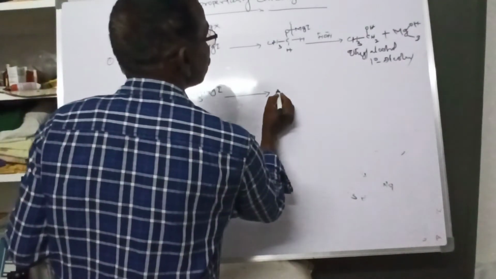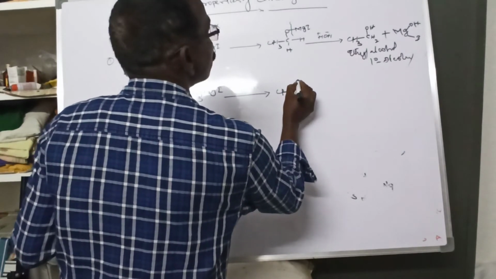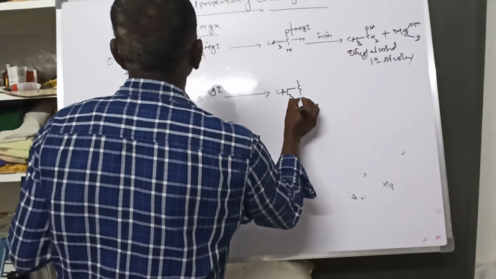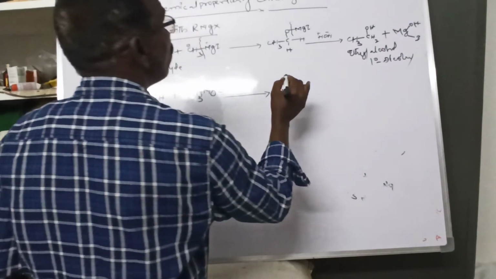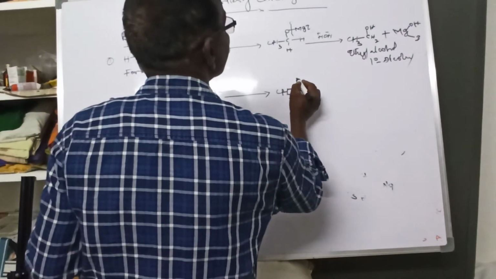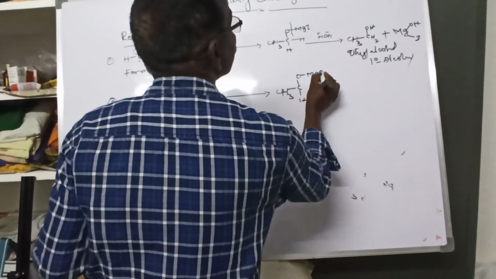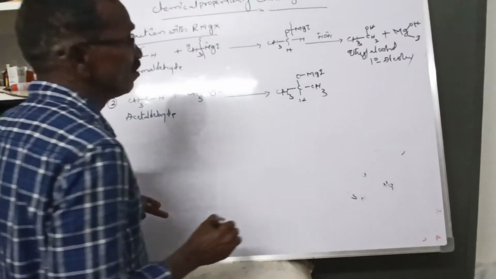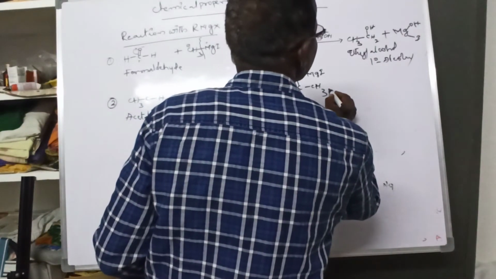So what happens here? CH3, CH, O, magnesium iodide, and CH3. It further undergoes a hydrolysis reaction.